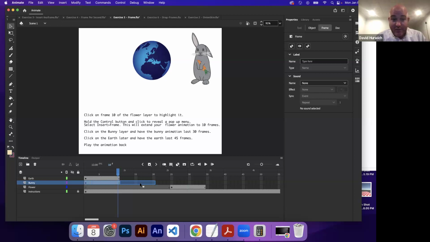Another thing about inserting a frame is you can insert them to extend the length of a keyframe so that the action doesn't run as fast.